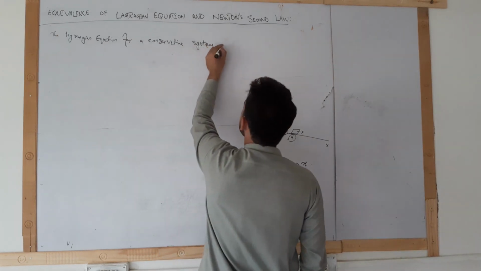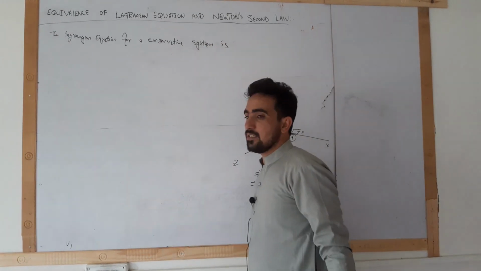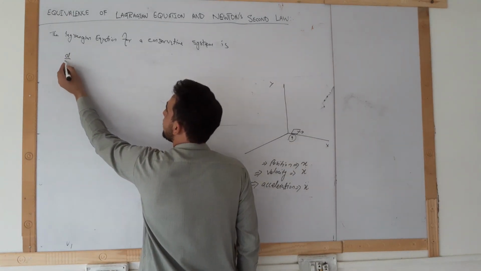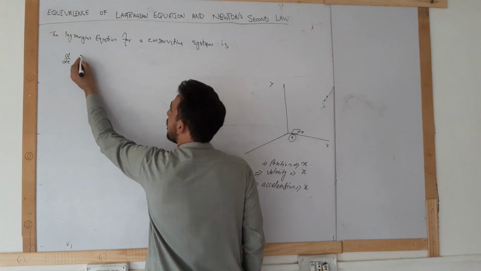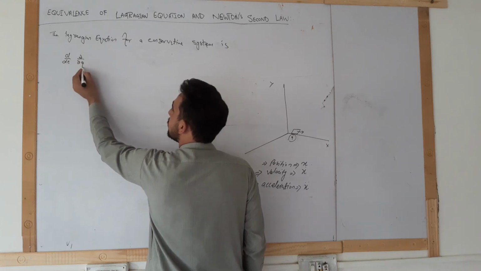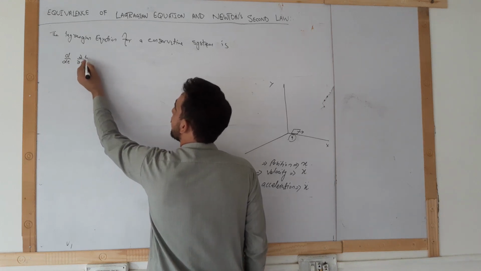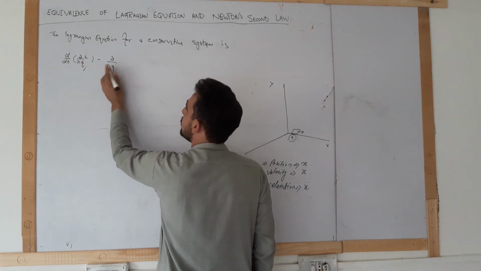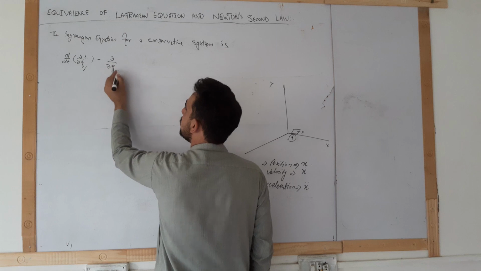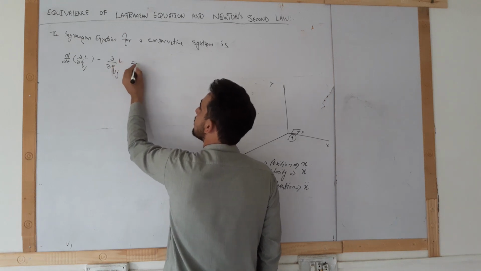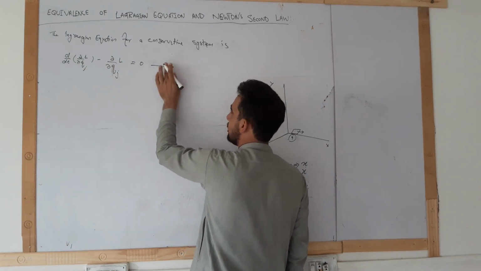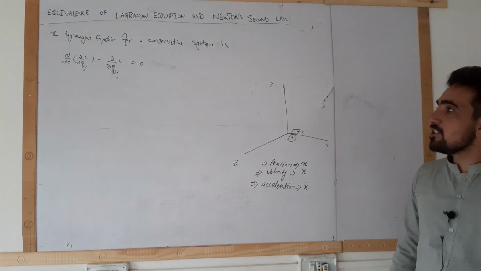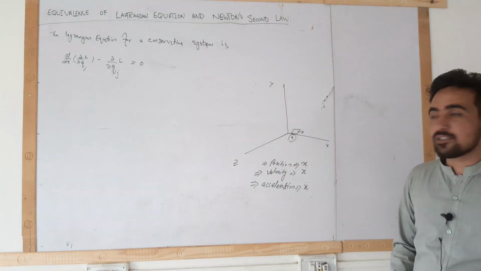I remember it was equation number 11 and it was d by dt of partial by partial q j dot of L minus partial by partial q j of L is equal to 0. So this is the Lagrangian equation for a conservative system.